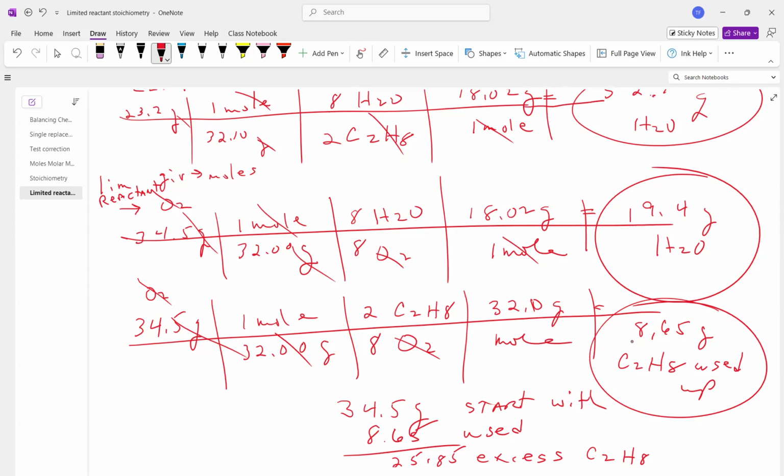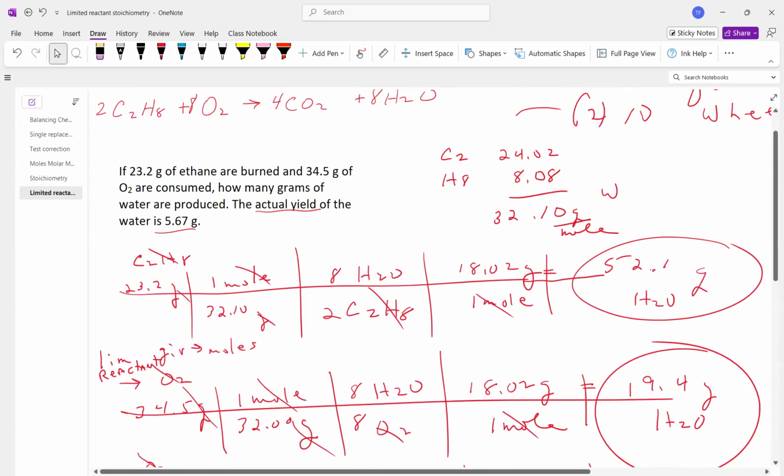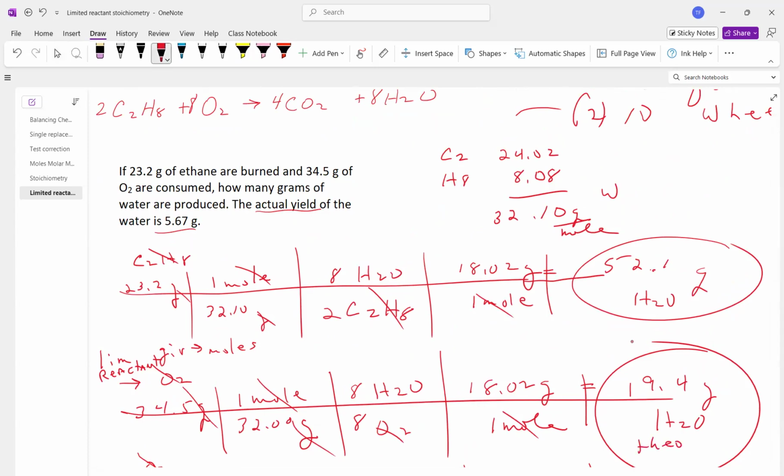Okay. The actual yield, now that's theoretical yield, is 19.4 grams. That's the theoretical yield. The actual is 5.67.